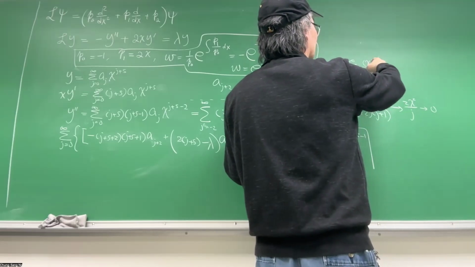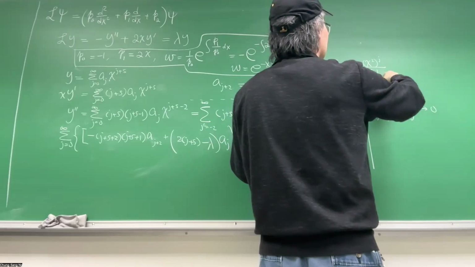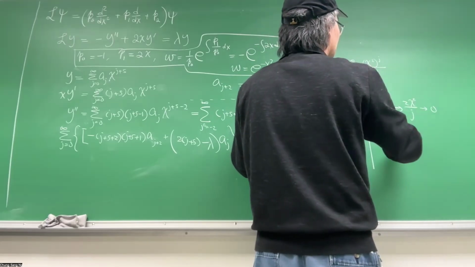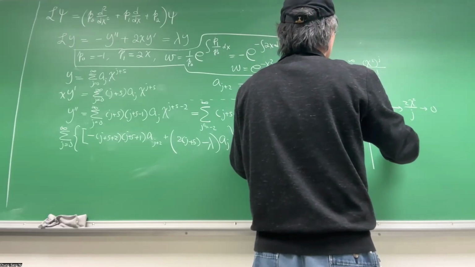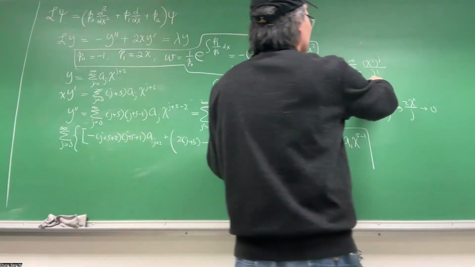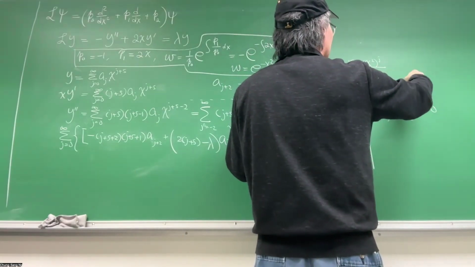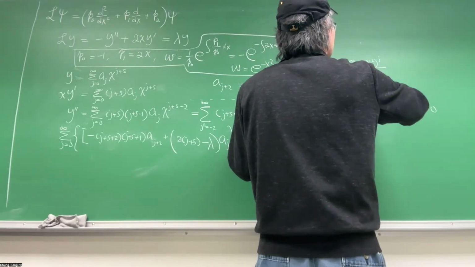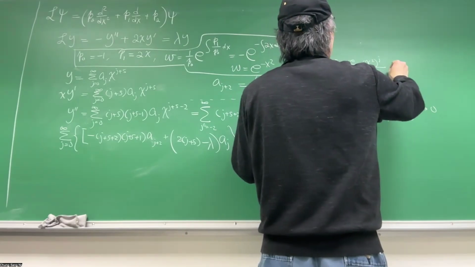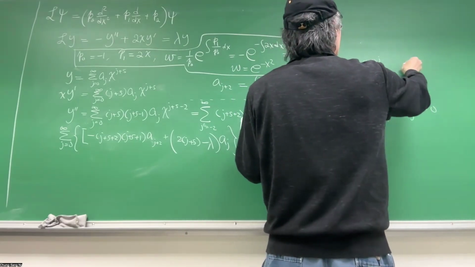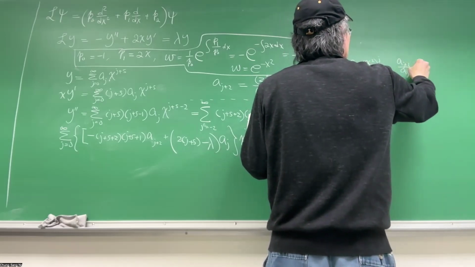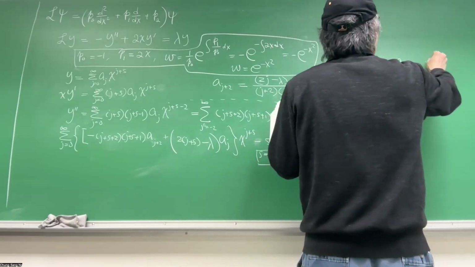So you have x squared and then j plus 1 divided by j, right? For the successive terms, the ratio will be x squared.